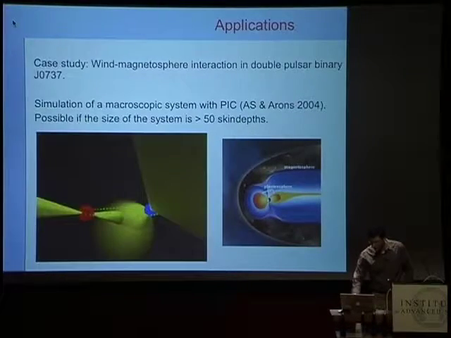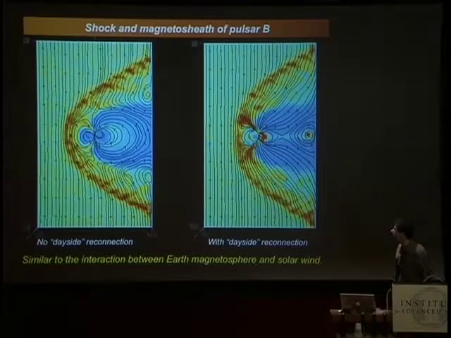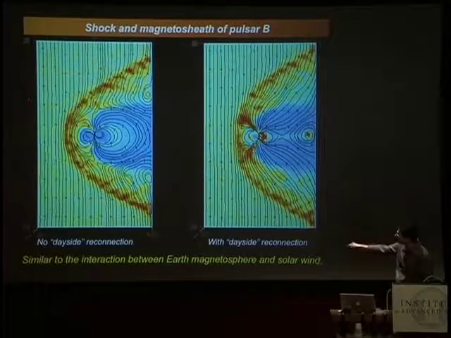We simulated this using the particle-in-cell code. What's shown here is a slice through a three-dimensional simulation. Here, the lines show the magnetic field, and you have an incoming flow from the faster pulsar. This is going to simulate the slower one.